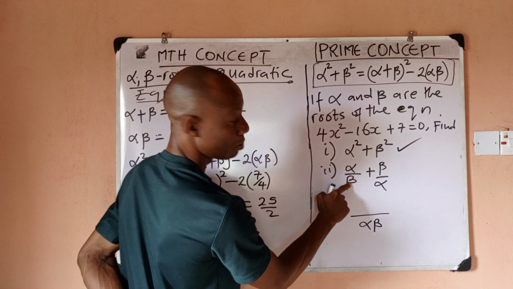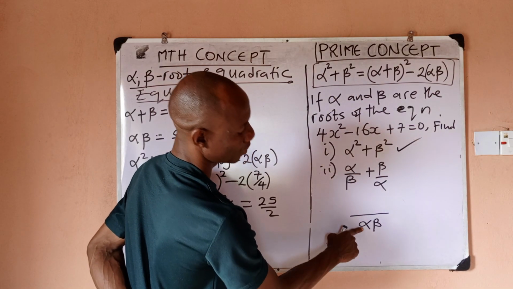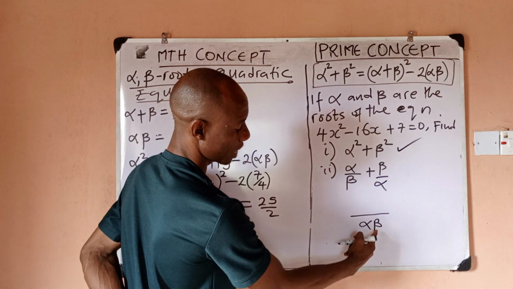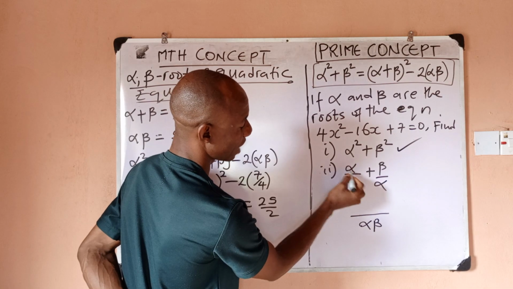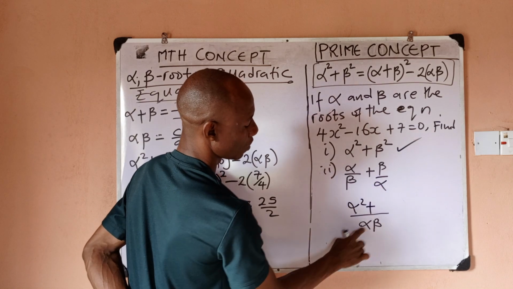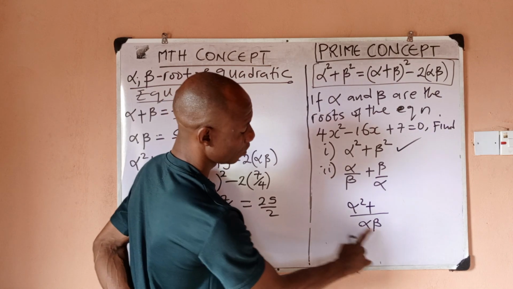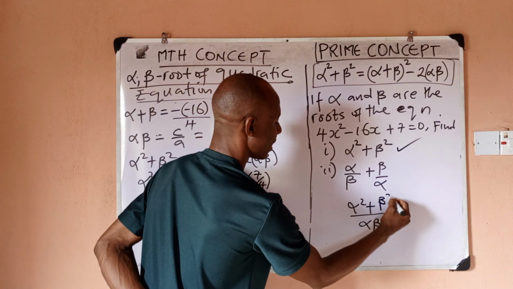Yes, so that beta in alpha beta, you'll be left with alpha. Beta would cancel beta, so you'll be left with only alpha. So alpha times alpha becomes alpha squared plus, now alpha would cancel alpha, you'll be left with only beta. Beta times beta would give us beta squared.